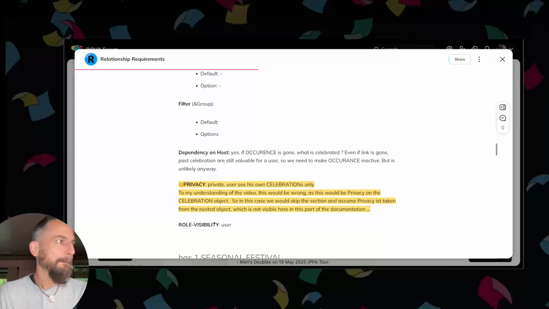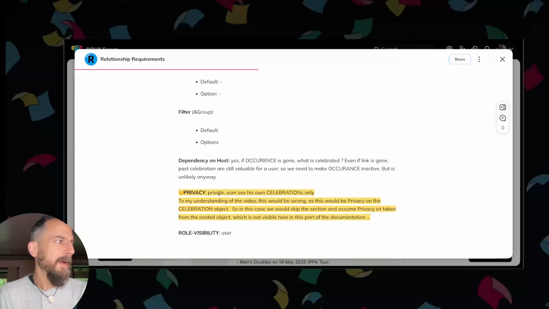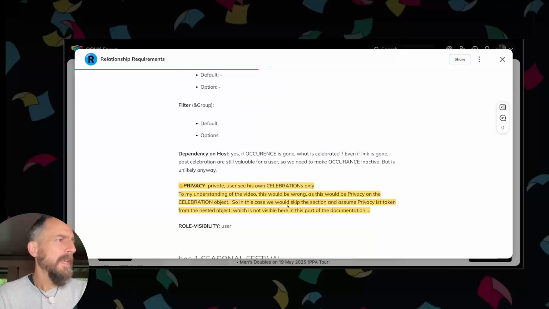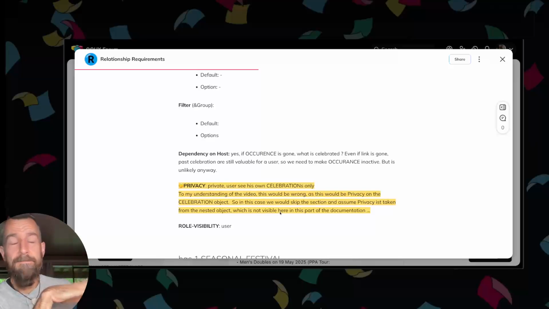Privacy. Okay, let's talk about privacy for a second because it's difficult. Private can see his own celebrations only. Yep. To my understanding of this video, this would be wrong as it would be privacy on the celebration object. So in this case, we would skip this section and assume privacy is taken from the nested object. The way that I would do this is I would say privacy is the same as the celebration object.